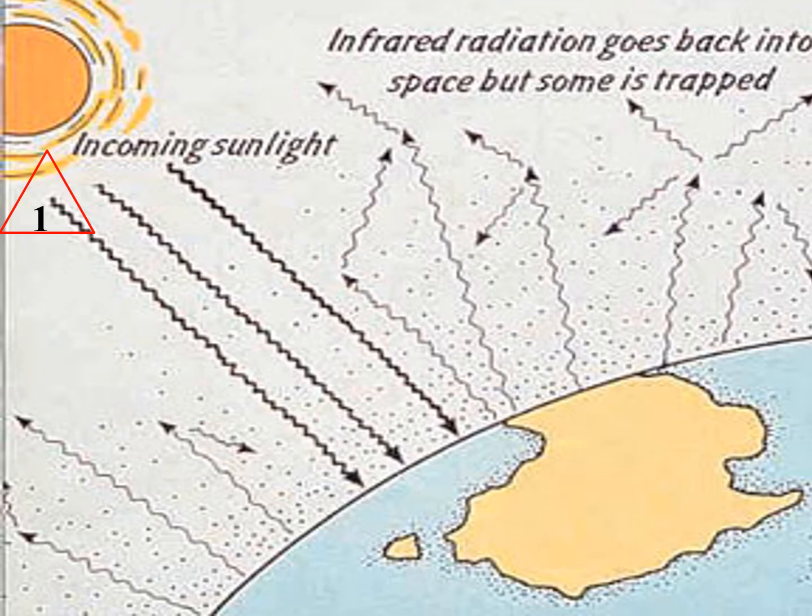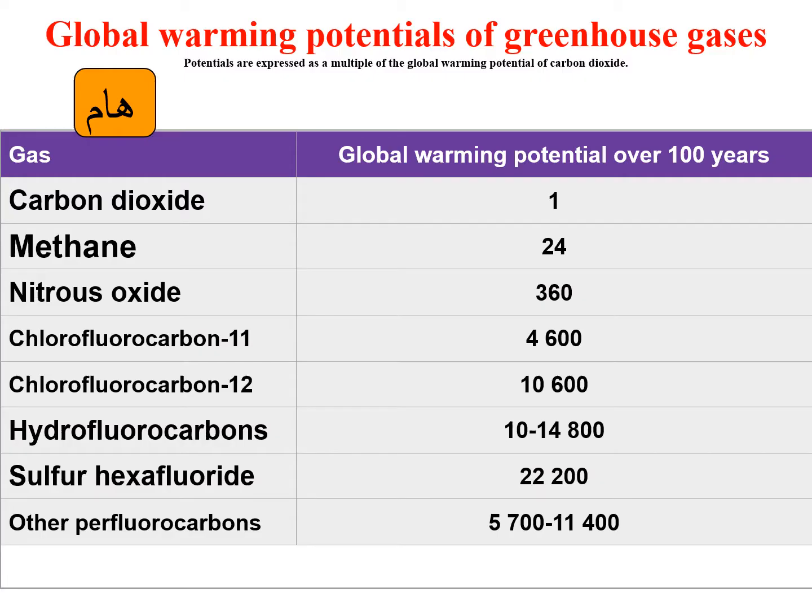Infrared radiation goes back into space, but some is trapped and so increases the temperature. Global warming. Global warming potentials of greenhouse gases: carbon dioxide, methane, nitrous oxide, chlorofluorocarbon 11, chlorofluorocarbon 12, hydrofluorocarbons, sulfur hexafluoride, other perfluorocarbons.